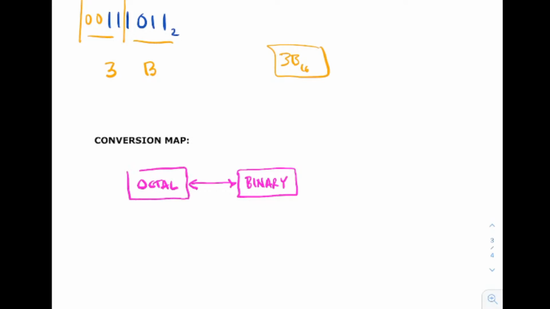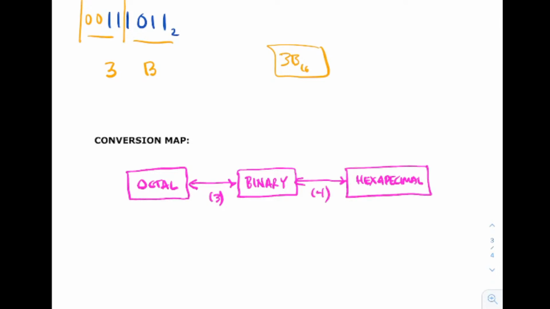I'm drawing the double arrow to say there's a direct way to convert either way, from binary to octal, octal to binary, and it has to do with using the table on page 1 and grouping them off by 3s. There's also, on page 2, a nice way to go back and forth between binary and hexadecimal. And that's involving groups of 4, right?